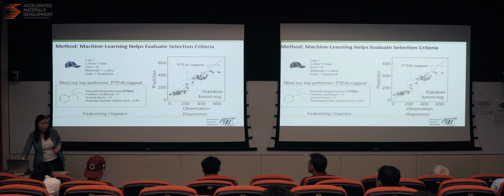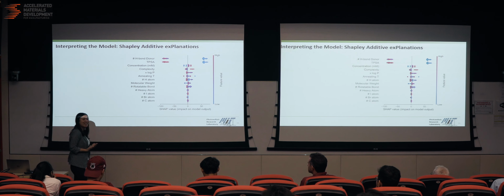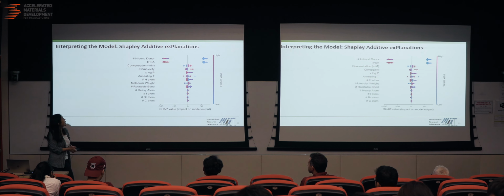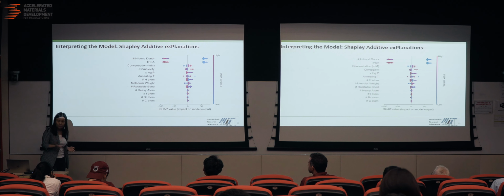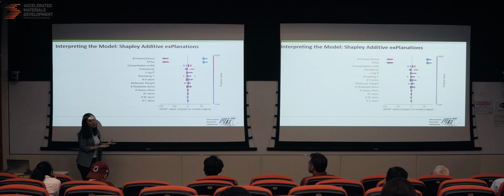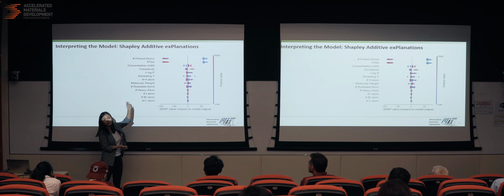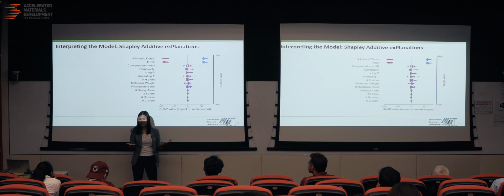Just like Flora previously said, we always want to interpret the model. We want to understand what we get from this machine learning regression model. In this case, we use Shapley additive explanations, like what Flora mentioned in her talk earlier. It quantifies the contribution of each of the input features and their impact on the final output, the results of the stability test.